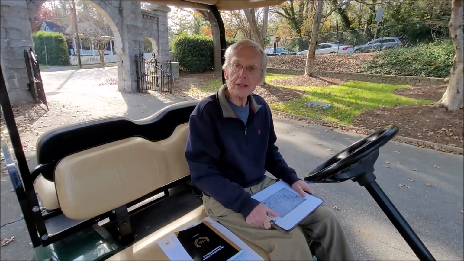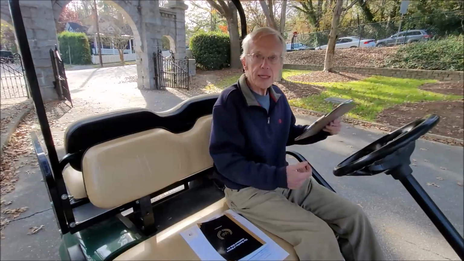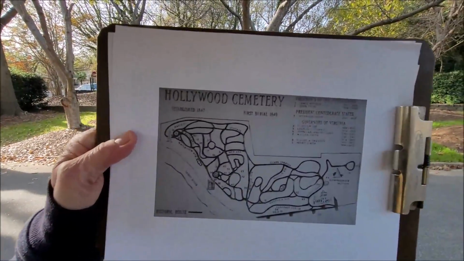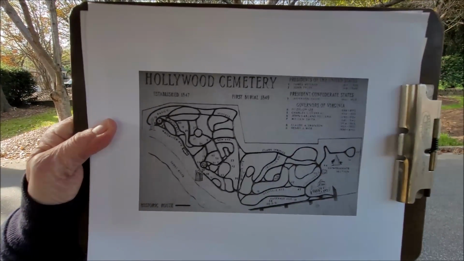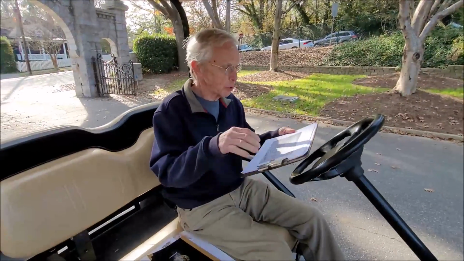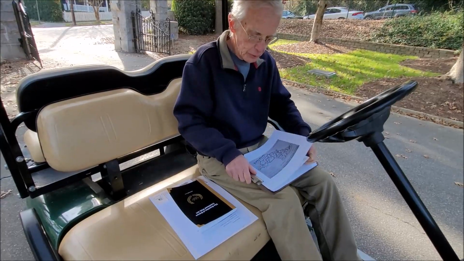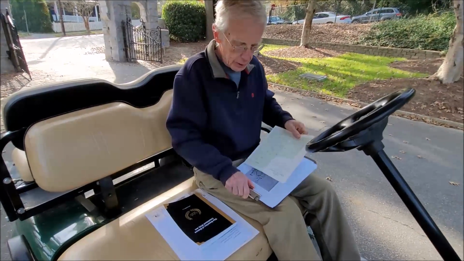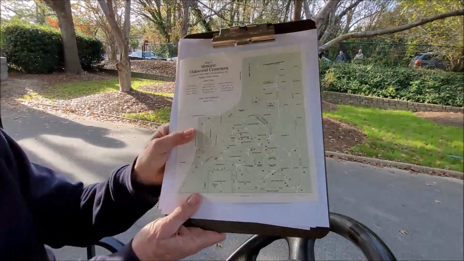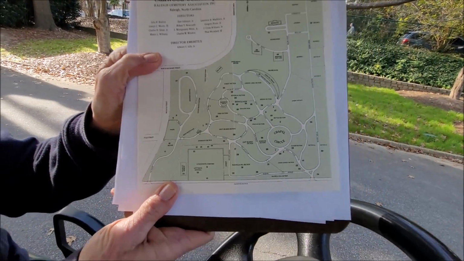You see that in other landscape cemeteries, such as Hollywood up in Richmond. Some of you have probably visited it. Look at that. Looks like a bowl of spaghetti. Much bigger cemetery than Oakwood, but the principle is the same. If you've been to Oakwood, you know, if you look at our map, that it much reflects what we see at Hollywood. And exactly the sort of thing that Engelhardt would suggest for a cemetery.